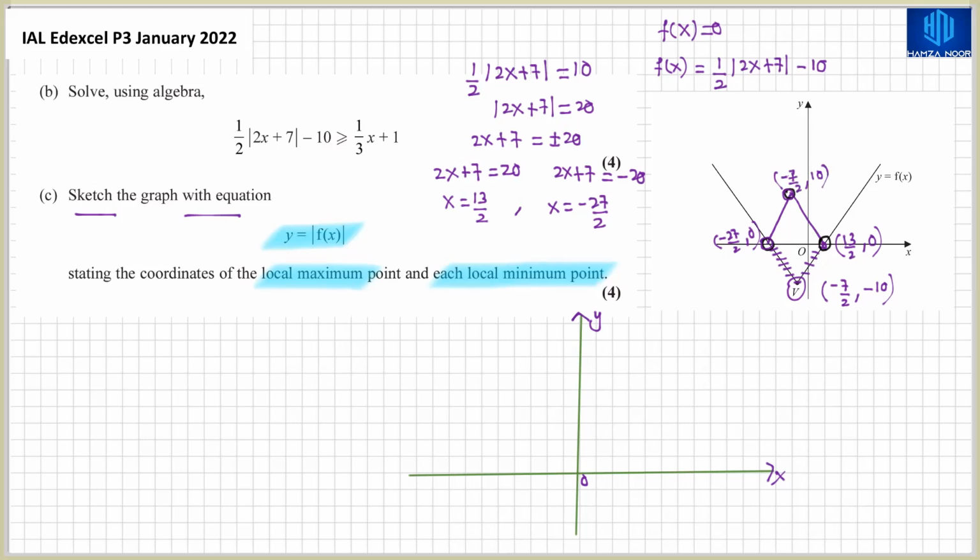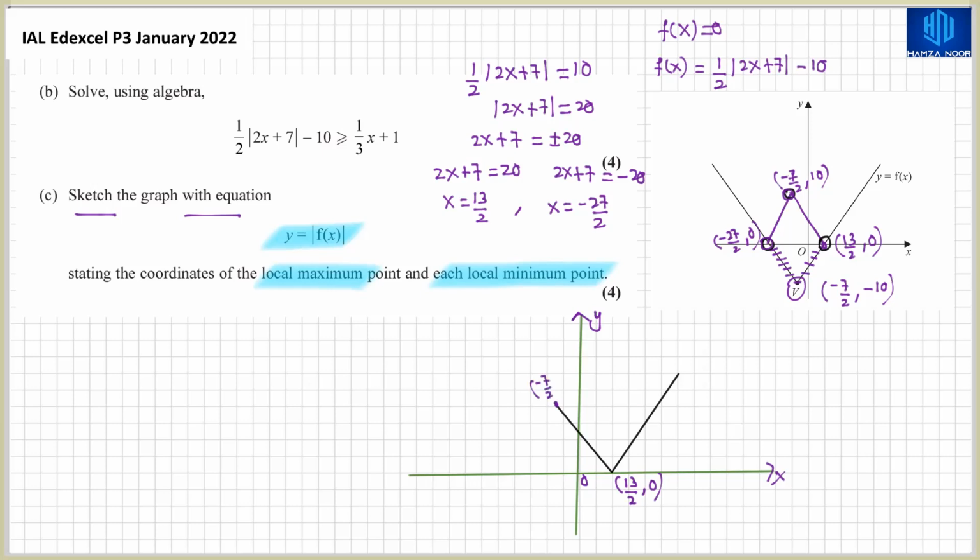Now I'm going to sketch the graph in the space which I have made myself. First of all, I'm going to make a line segment like this. One of the local minimum points is 13 over 2 comma 0. Then we will have another line segment which will go up till the point minus 7 over 2 comma 10, which is the local maximum point.